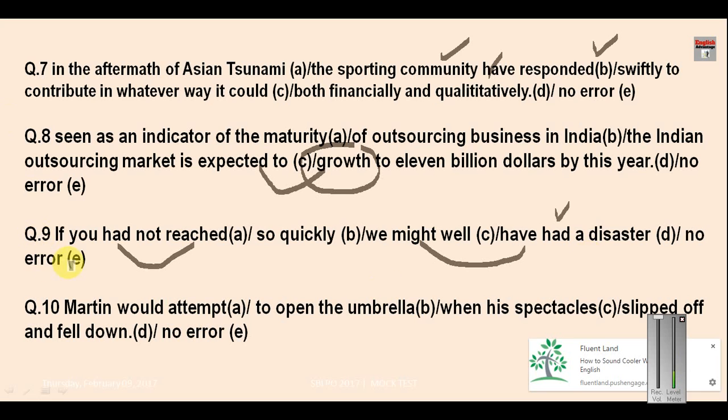So you must say here Martin was attempting to open the umbrella when his spectacles slipped off and fell down. So in this sentence, question number 10, your answer will be A. Martin was attempting. Okay, in place of Martin would attempt, you have to say Martin was attempting to open the umbrella, and when he was attempting to open the umbrella, this incident took place.